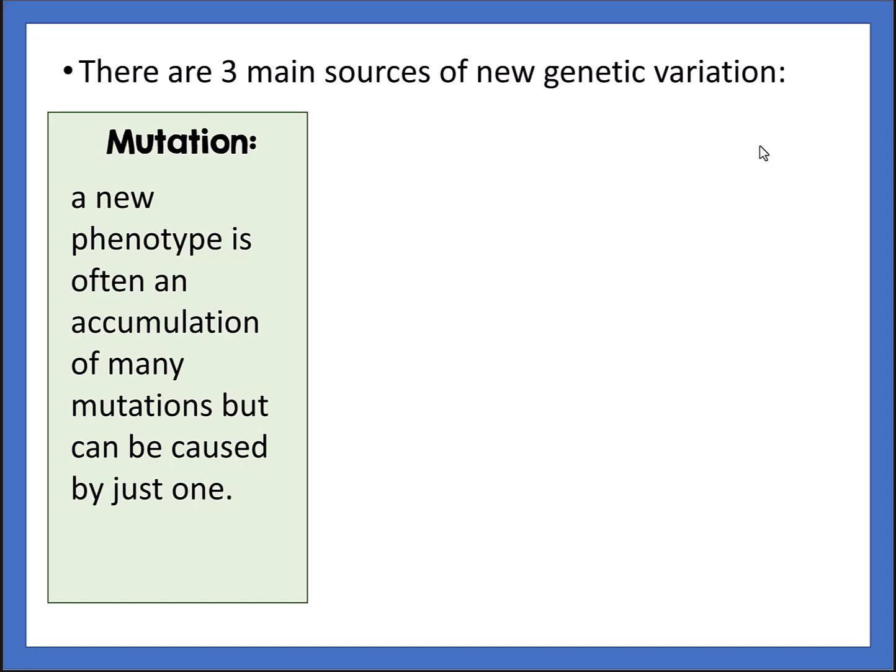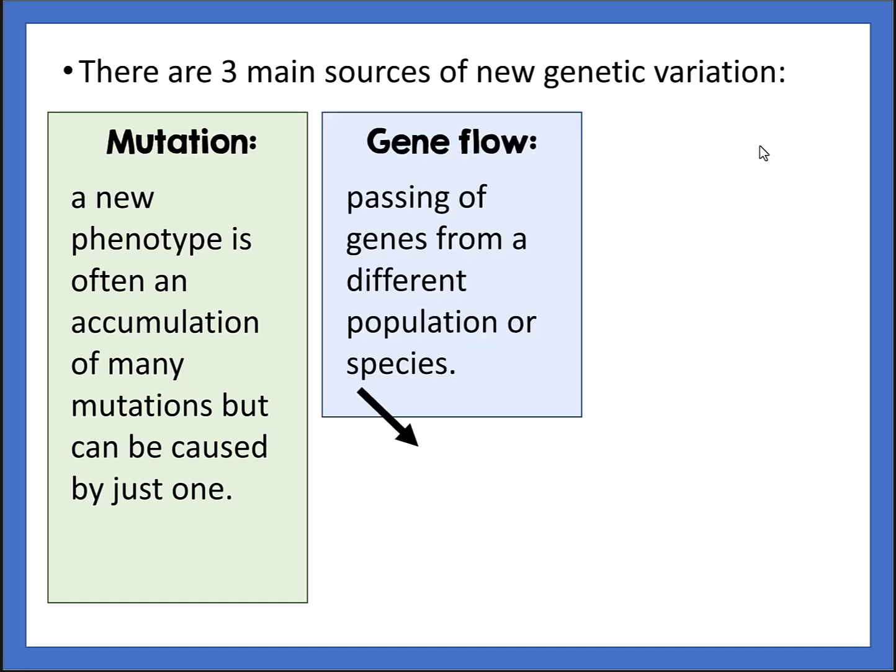One very simple mutation, as we talked about in genetics, can be a point mutation where just one DNA base is changed. That could change a phenotype for the better or for the worse in the environment. But often it's an accumulation of many mutations that causes the phenotype to change. So mutation is one source of variation.